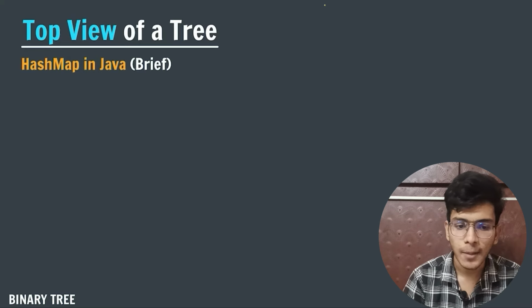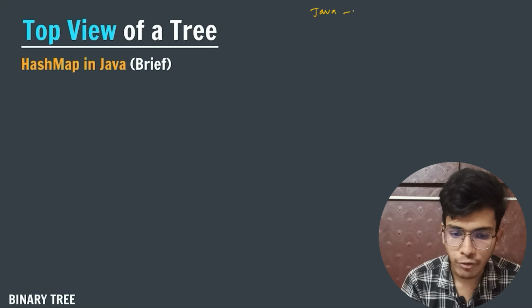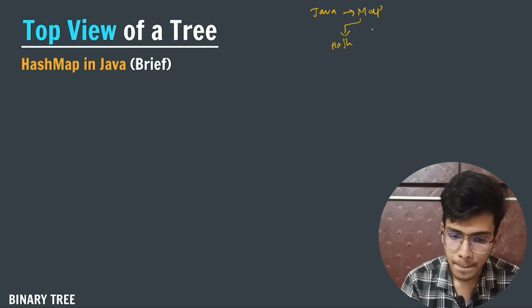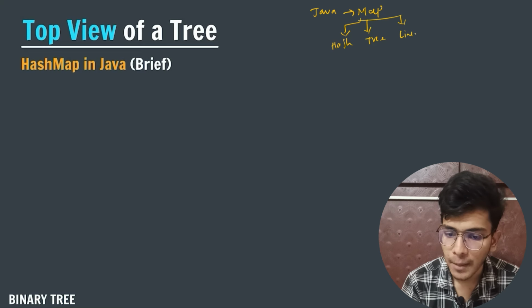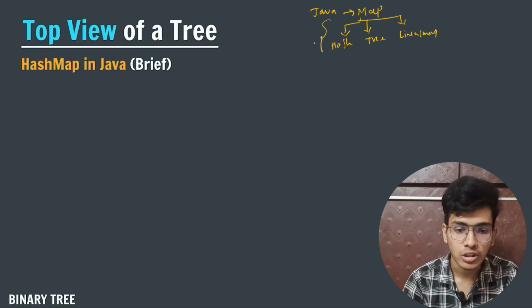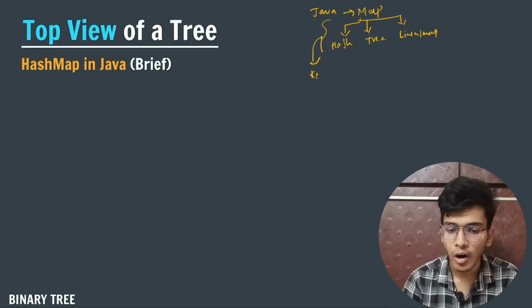In Java we have a concept of maps, and these maps are divided into 3 different things: hash map, tree map and linked map. These maps are used to store data in the form of key value pairs.